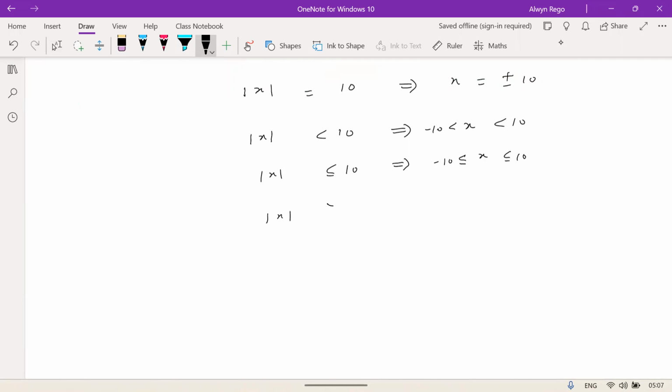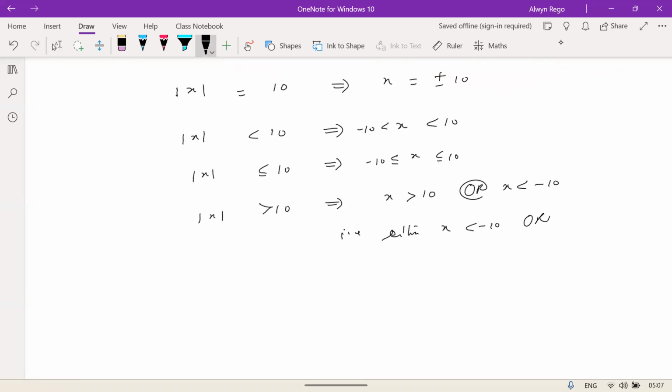Absolute value of x is more than 10 implies that x is more than 10, or you find that x is less than -10. In other words, I can always say that either x is less than -10, or x is more than 10. I could also write this in interval notation like this.